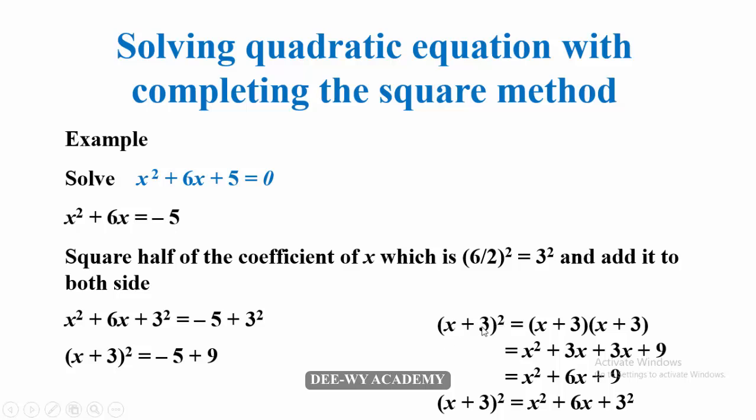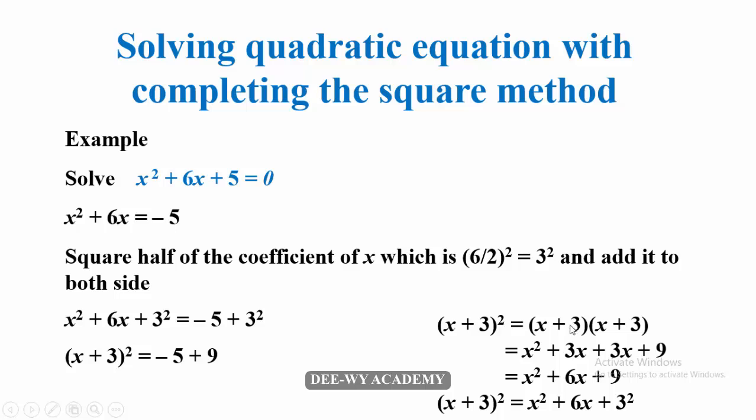We will have to multiply this times itself, which is raised to power 2. It means x plus 3 times x plus 3. If we have to clear this bracket, you now say x times x, you have x squared. Now x times 3, you have 3x.